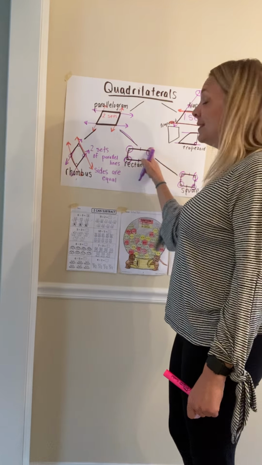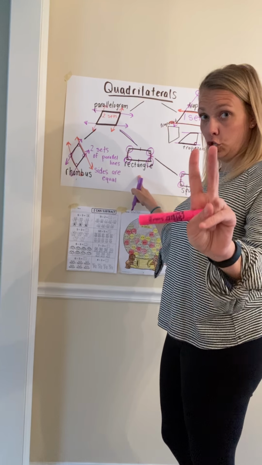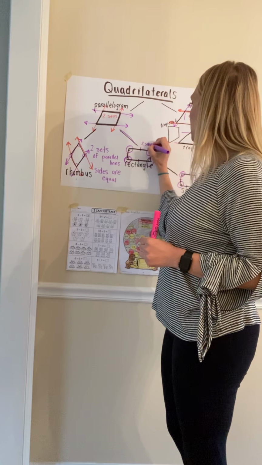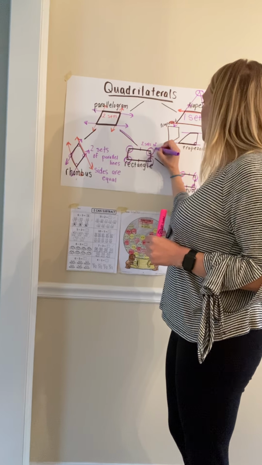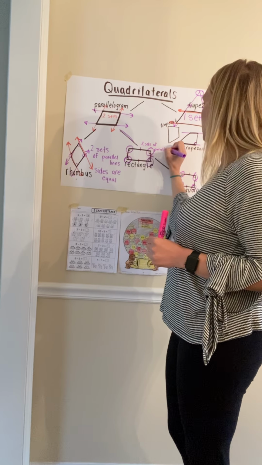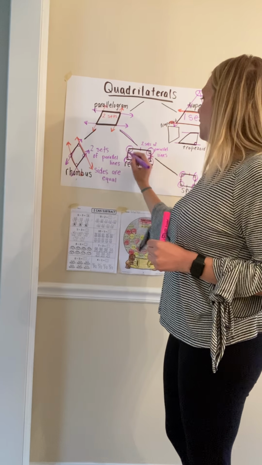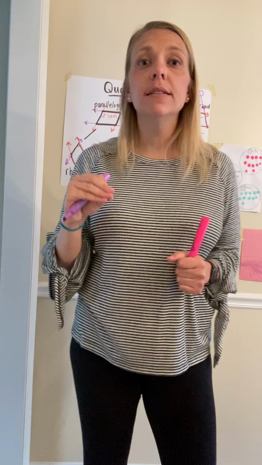So a rectangle has two sets of parallel lines. Okay. A rectangle also has opposite sides that are congruent, meaning the top and bottom are congruent and the sides are congruent. So sometimes they're longer, shorter, whatever.